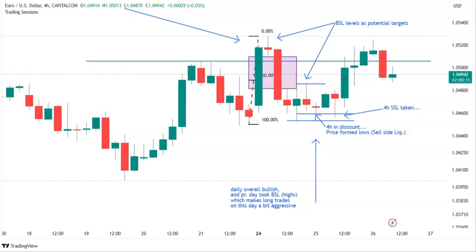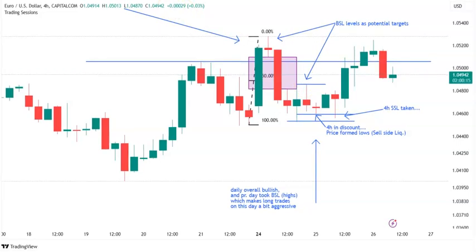Now on the 4-hourly, what we also saw here, as you can see from those 4-hourly spikes, this is your sell side liquidity. As I said before, 4-hourly was in the discount area, and price also formed all those 4-hourly low spikes, which served as sell side liquidity.